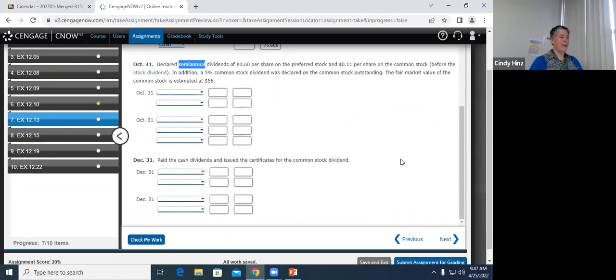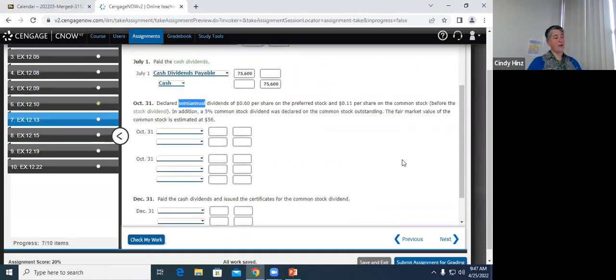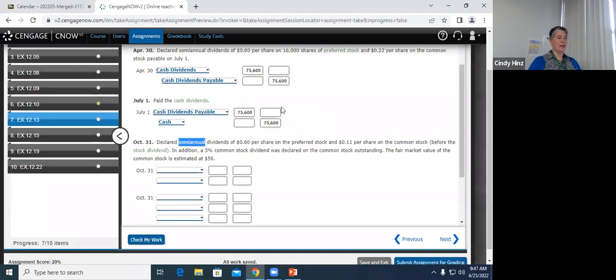And so we're going to declare the remaining dividend on the preferred stock, 16,000 shares at 60 cents per share. That's the $9,600. We had included that up here with the cash dividends on the common stock.